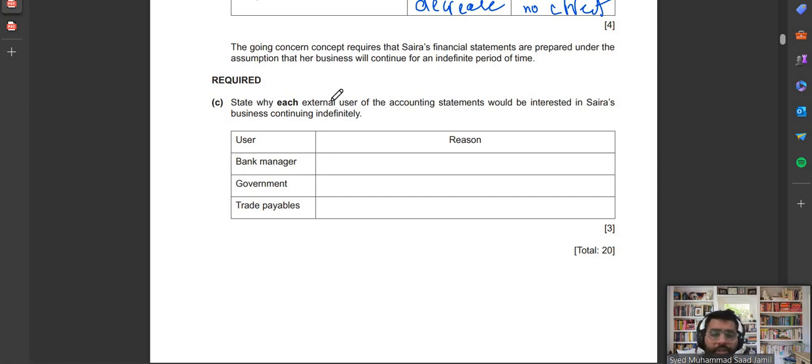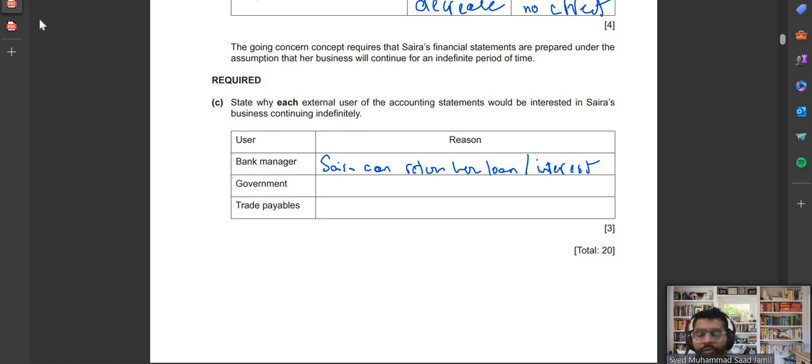So bank managers, look, bank managers would be interested because they would want to see if Syra can return her loan or interest, if she can pay interest, because if her business does not seem like it would continue in the future, how would she be able to pay her loan back or interest back?